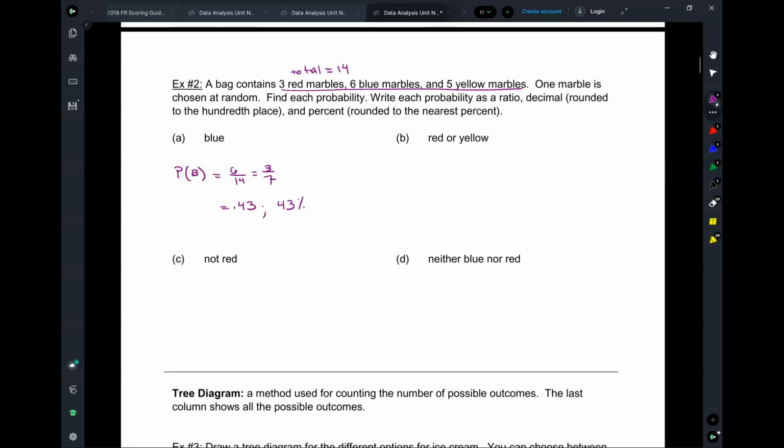Okay? All right. So red or yellow. So the probability of getting R or Y, it's 8 over 14, which is 4 over 7, which is about 0.57, and that's 57%. Okay.